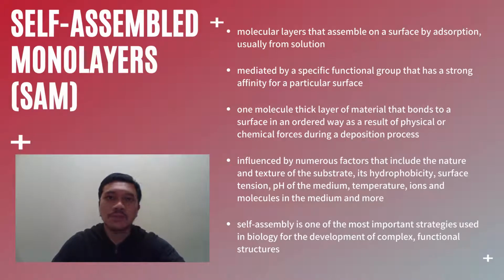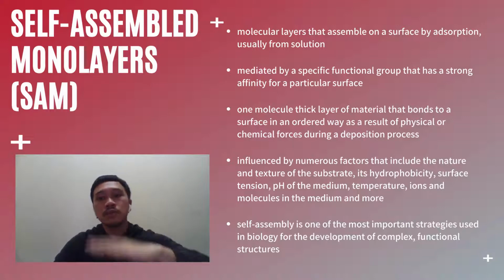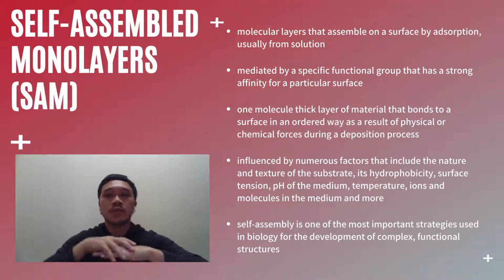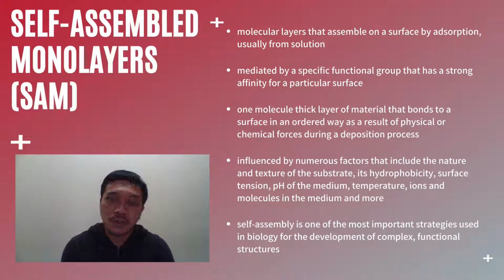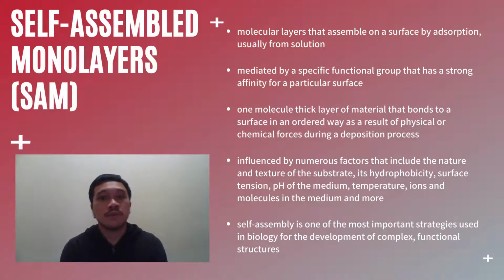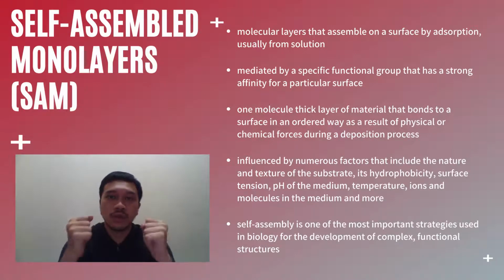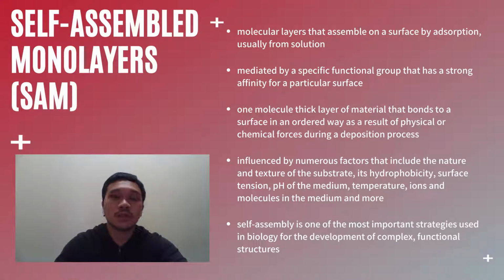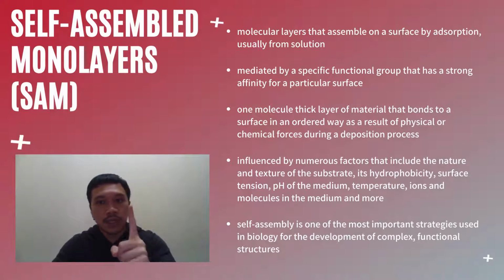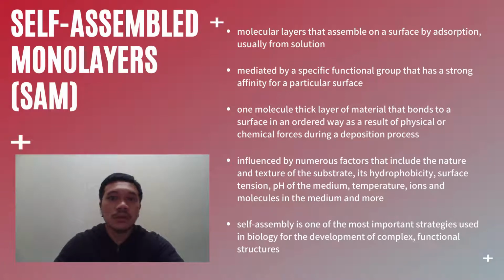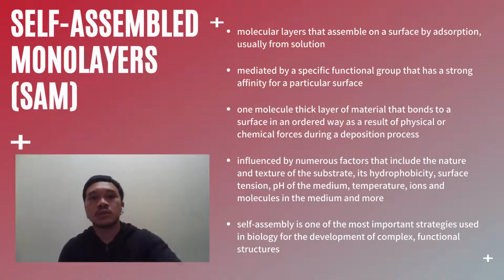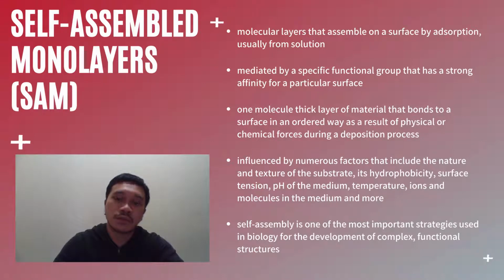Now we proceed to the self-assembled monolayer, a molecular layer that is assembled on the surface by using adsorption. This is usually done from a solution. It is mediated by a specific functional group that has a strong affinity towards the particular surface. It is one molecular layer of the material bonded to the surface in an orderly way as a result of physical or chemical forces during the deposition process.